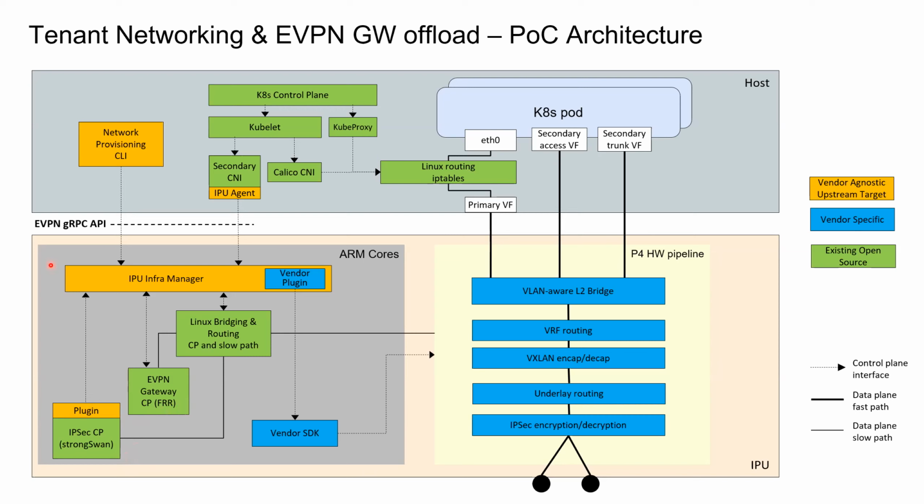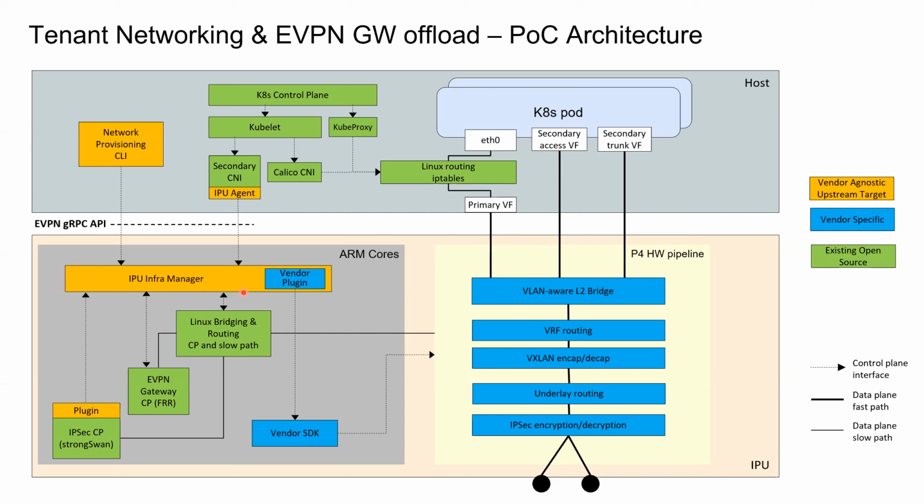All of these are orchestrated by a new component that we have called the IPU Infra Manager, which runs on the ARM cores and basically configures these components and translates the resulting state of the Linux system on the ARM cores into forwarding information that is programmed in the pipeline. And as you can see, a large part of this IPU Infra Manager is actually vendor agnostic.